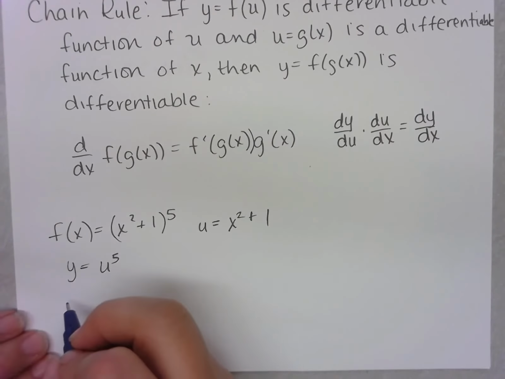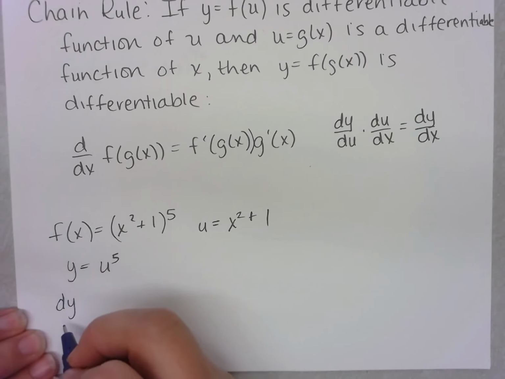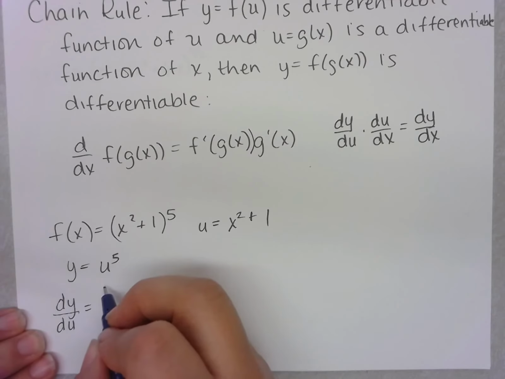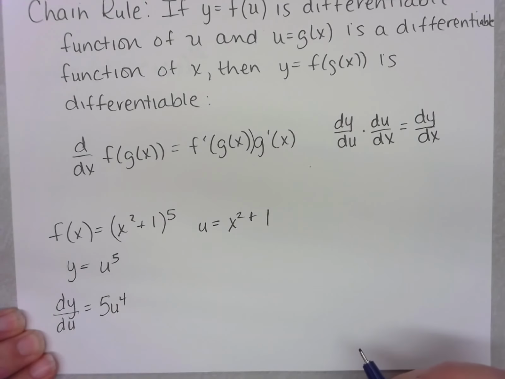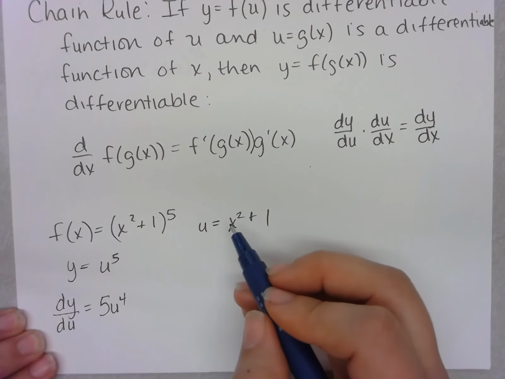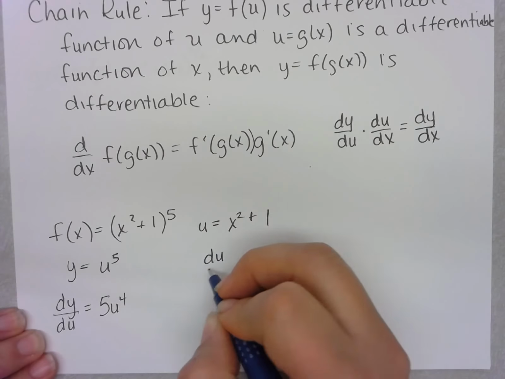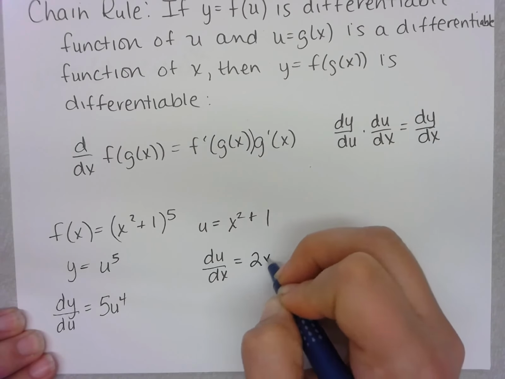The way we use Leibniz notation is d, the name of the function, over d, the variable. So this is dy du. I can use the power rule on dy du, it's 5u to the 4th. Now, what about du dx? This is du, the name of the function, over dx, the variable, and this is equal to 2x.